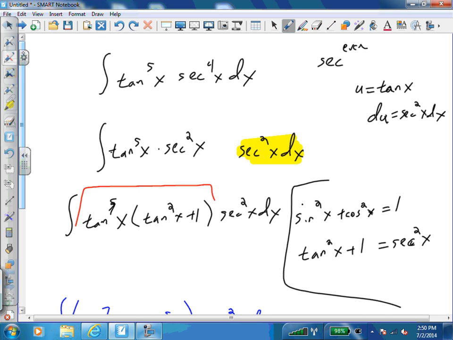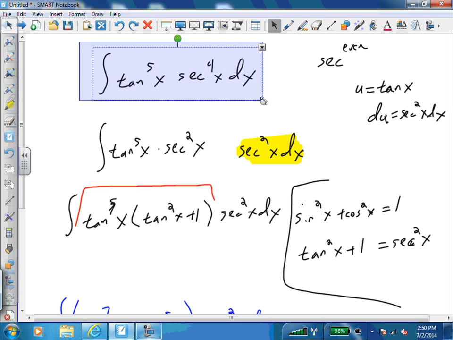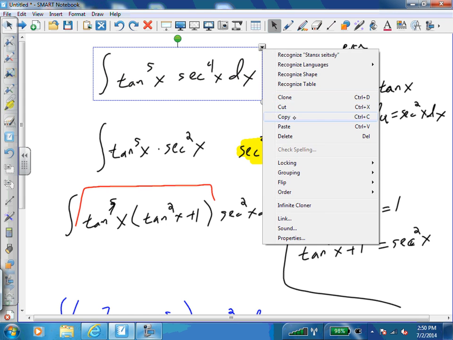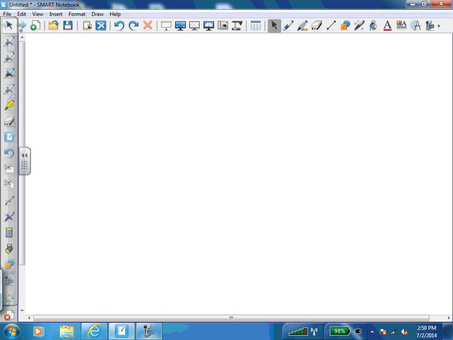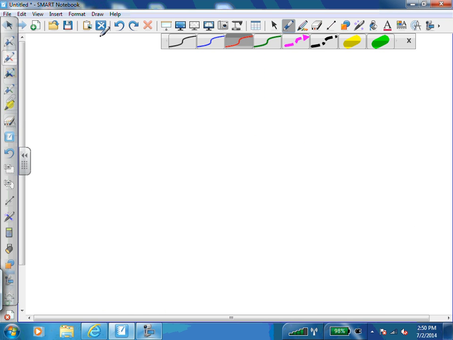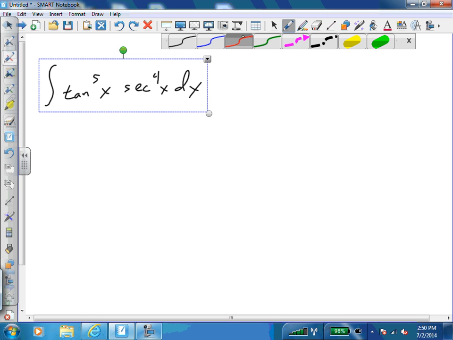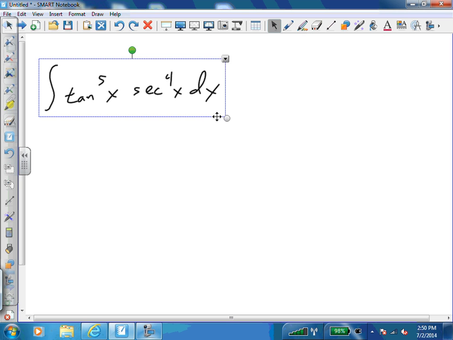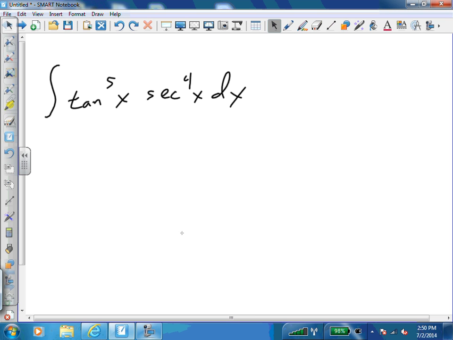Let's see. I said that we also could have used our second rule for that, where we have an odd number of tangents. Let's see how that works.